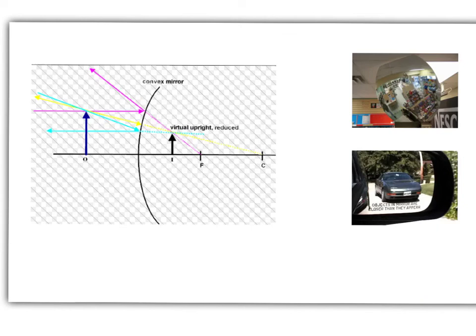Convex mirrors, like those found in the security mirrors in the corners of stores or rear view mirrors, always create a virtual, upright, and reduced image.